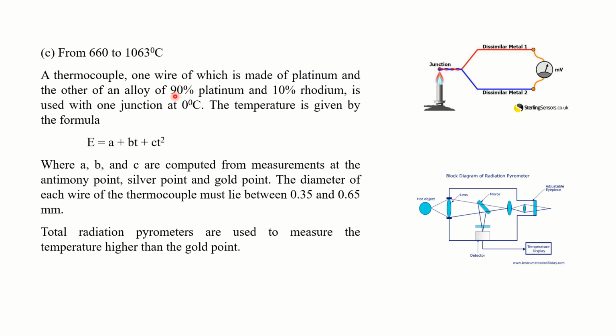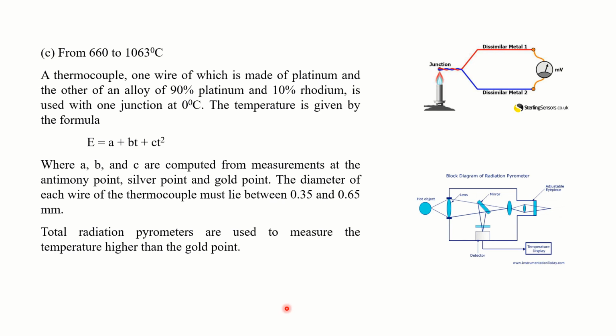One of the wires is made of platinum, and the other is made of 90% platinum and 10% rhodium: two different metals, metal 1 and metal 2. Suppose we want to measure much higher temperatures, then we use radiation parameters.